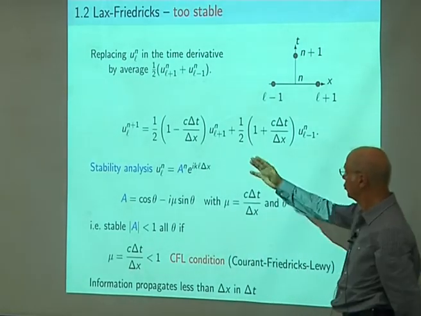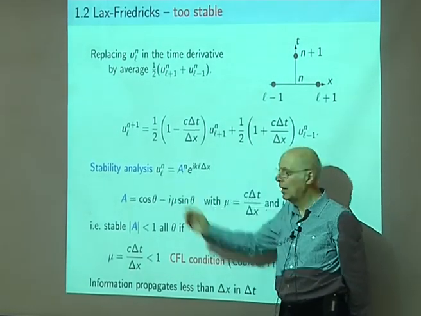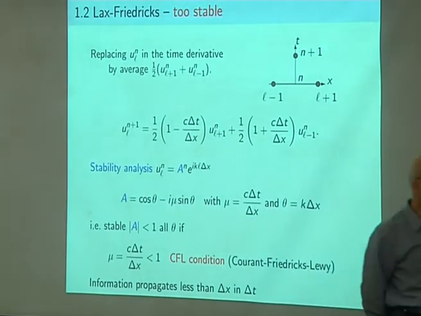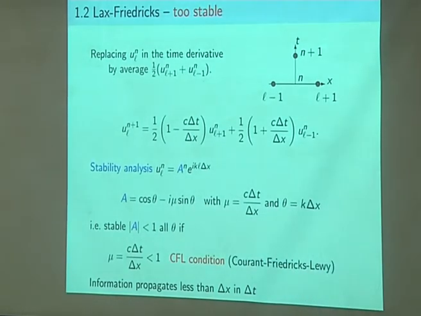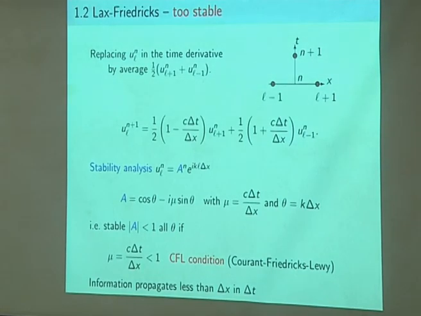Right? So you do your stability analysis again, and you find in this case A is cos theta minus i mu sine theta. So we have the same minus i mu sine theta, but we have a cos theta rather than a 1. And that's good because the size of A, the size of this complex number, is the square root of cos squared plus mu squared sine squared. And that is less than 1 for all values of theta.